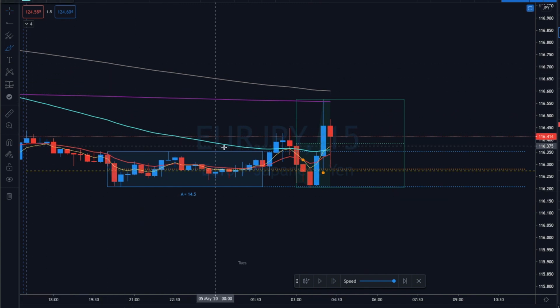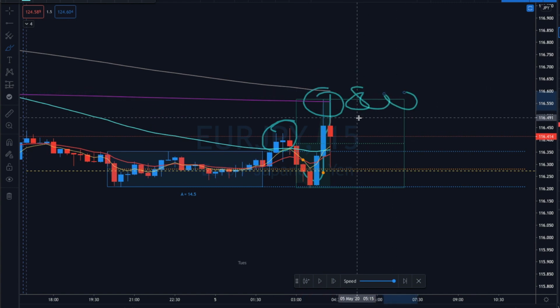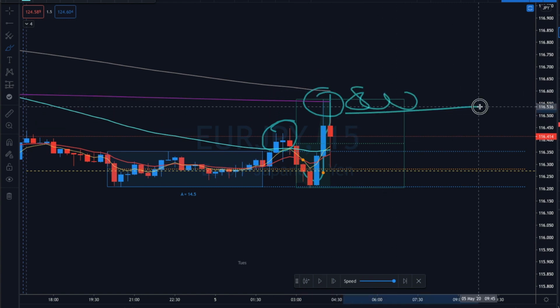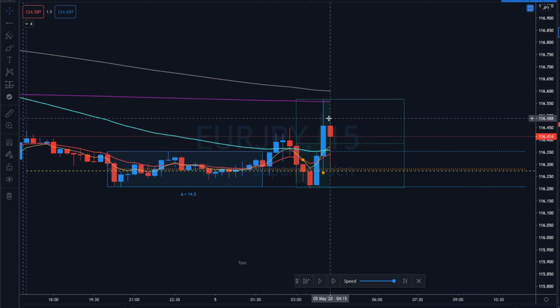You have a first leg that wicked to the 800, and it didn't make it to the 200. You have a second leg that's in the right session, the London box, and the timing is correct because you're in the London session.